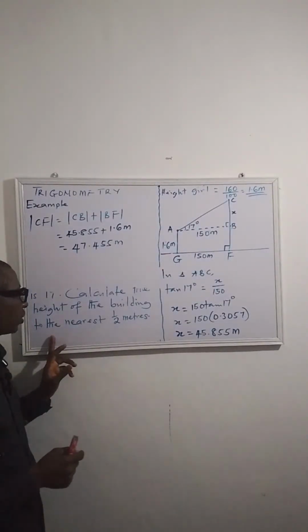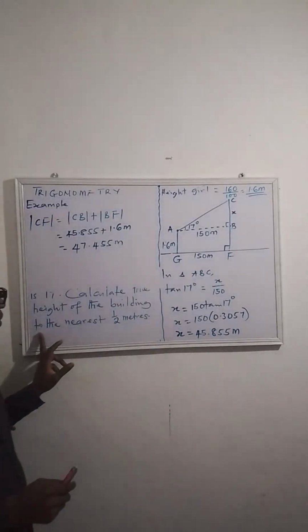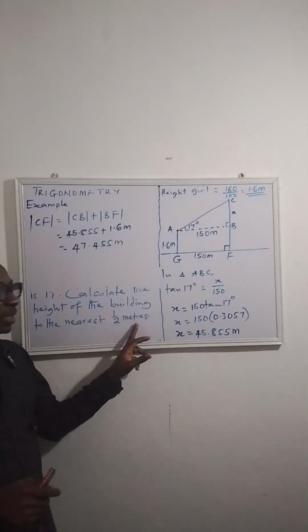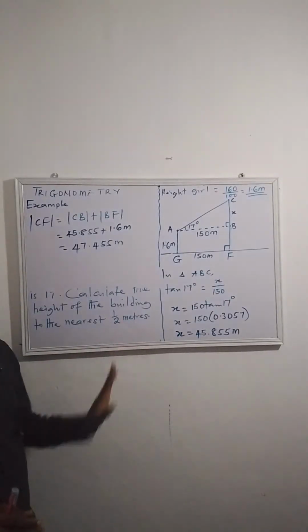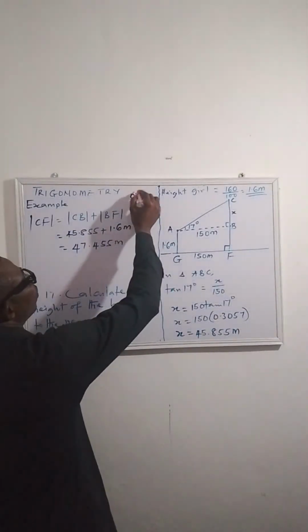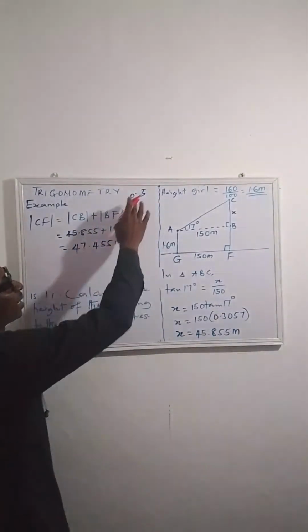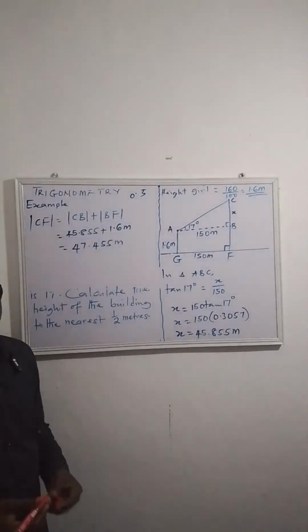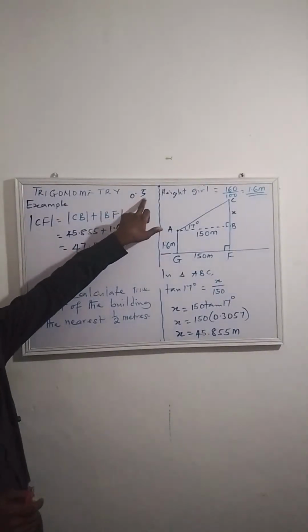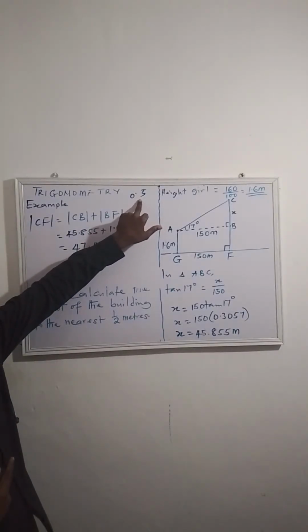But the question asks you to correct your answer to the nearest half meter. Now, half is the same thing as 0.5. So we want to correct this to the nearest 0.5 meter. What that means is you correct this to the nearest tenth, or we say to 1 decimal place.